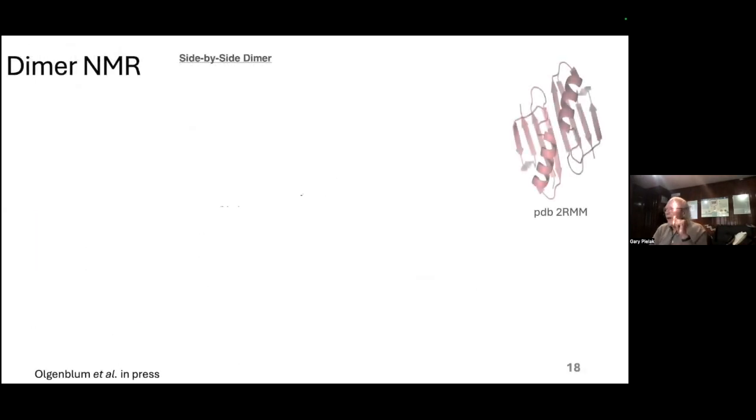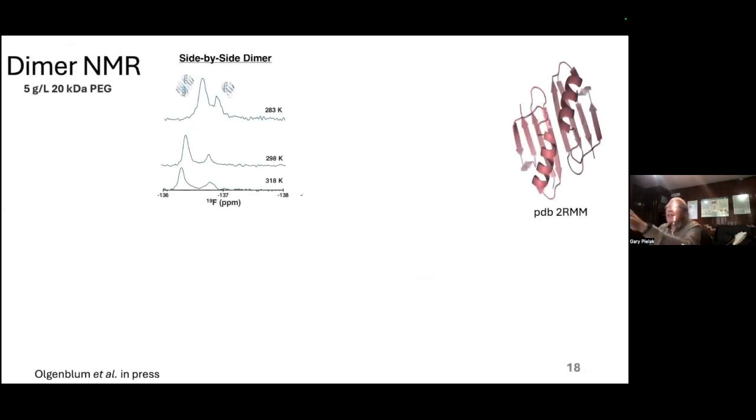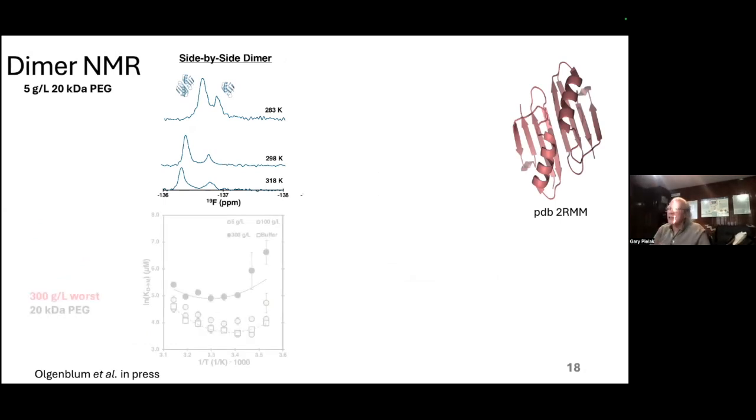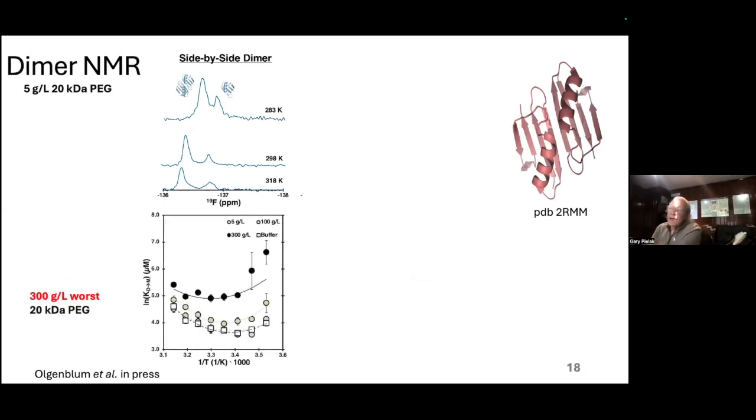Dimer, same thing. Here we have the spectrum of the side-by-side dimer. You can see the dimer peak on the left, the monomer peak on the right, at several different temperatures. These are van 't Hoff plots at the bottom, where we have reciprocal temperature versus the natural log of the equilibrium constant.